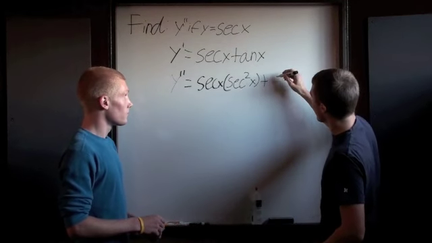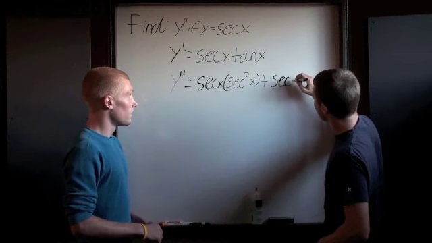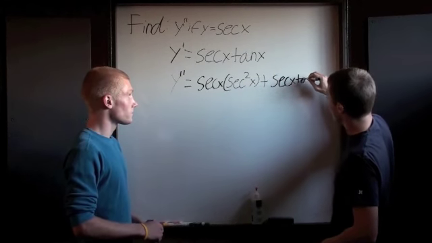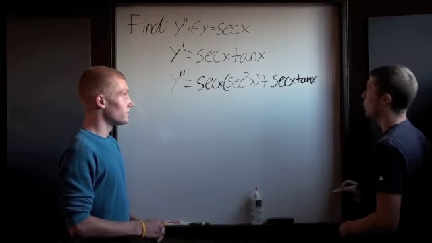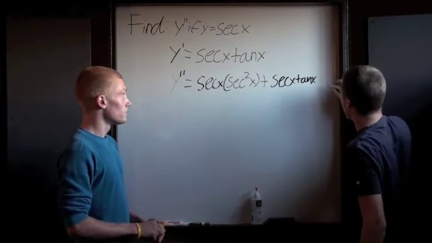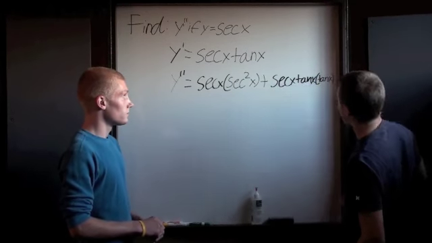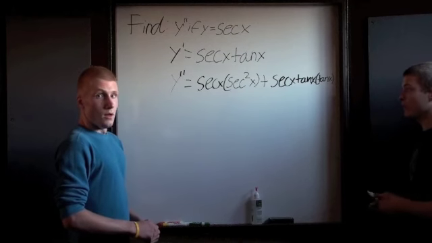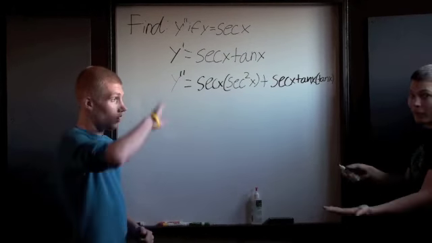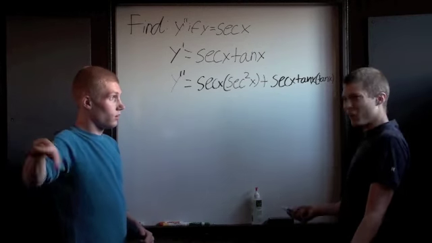So, we have secant x tangent x, which is the derivative of secant, multiplied by the left alone second term, tangent of x. At this point, this technically is a correct answer, but why not simplify?